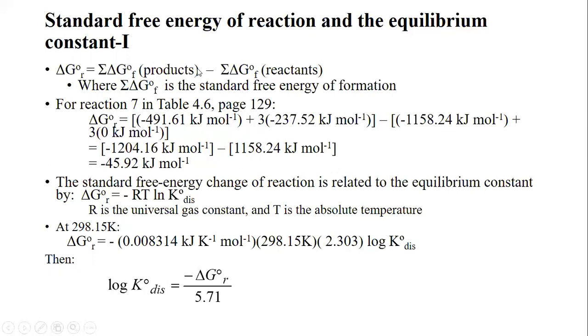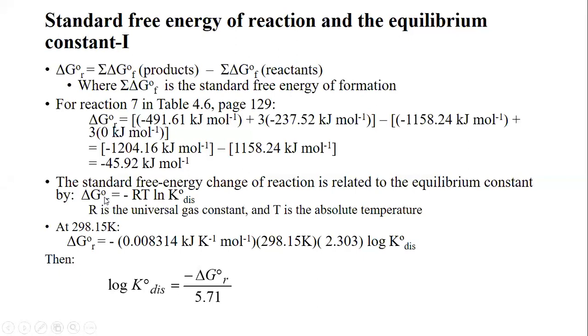Remember, the summation of the standard free energy of formation of all the products minus that of all the reactants. The values here are given in kilojoule per mole. So the answer we get for delta G0 of the reaction is minus 45.92 kilojoule per mole.